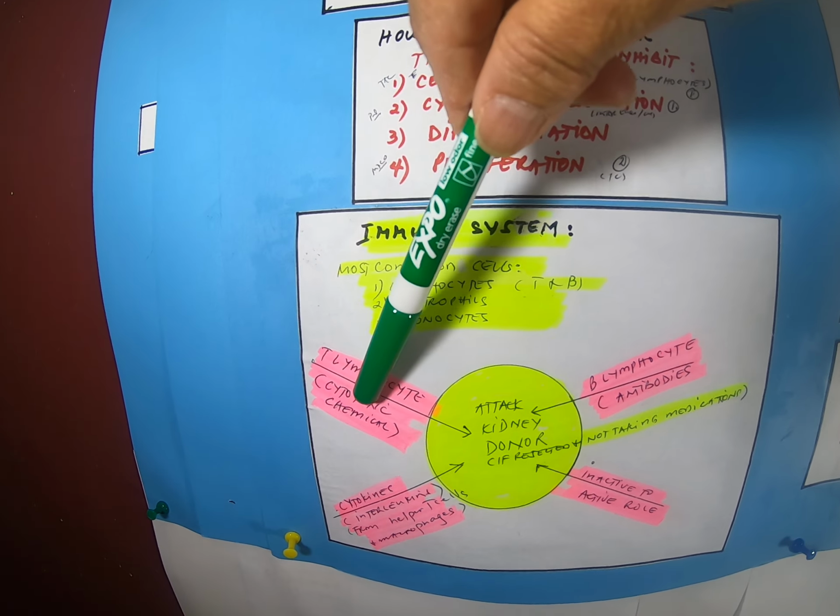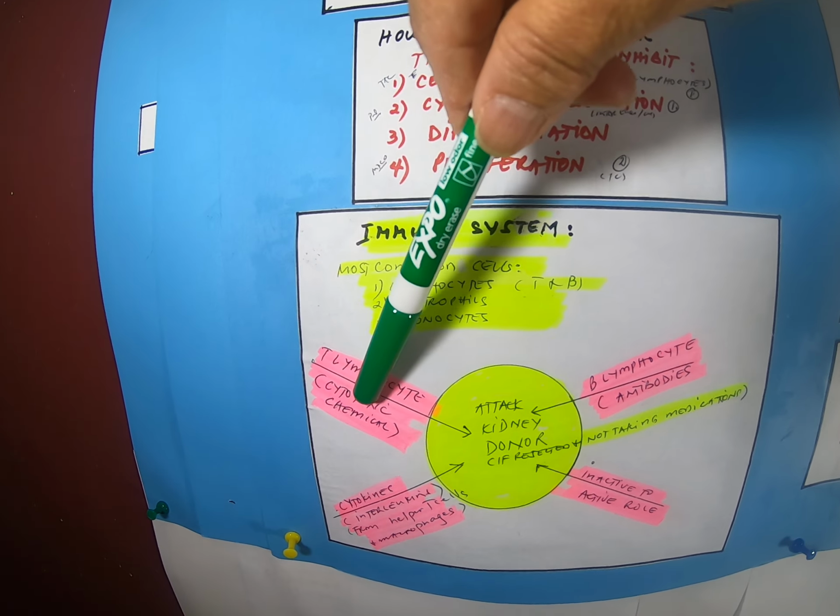The immune system will alert the T lymphocytes to get ready with their cytotoxic chemicals. The B lymphocytes will get ready with their antibodies. We have the cytokines with interleukins from helper T cells and macrophages. And we have the inactive to active role to effector cells, that is via differentiation. So that's fine. We have a good immune system. It sees something unusual, or alien, and it will start acting right away with the use of these cells.